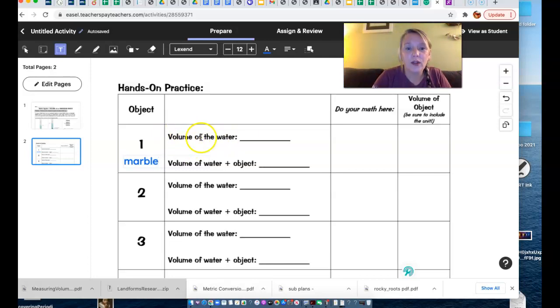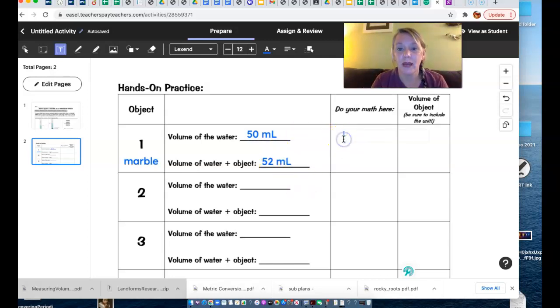So you're going to pour in a volume of water. Let's say I start with 50 milliliters. I'm going to drop my marble in and then take another reading. Now, I don't have a graduated cylinder here. I don't have any marbles here, but I'm just going to make up a number. So let's say it went up to 52.